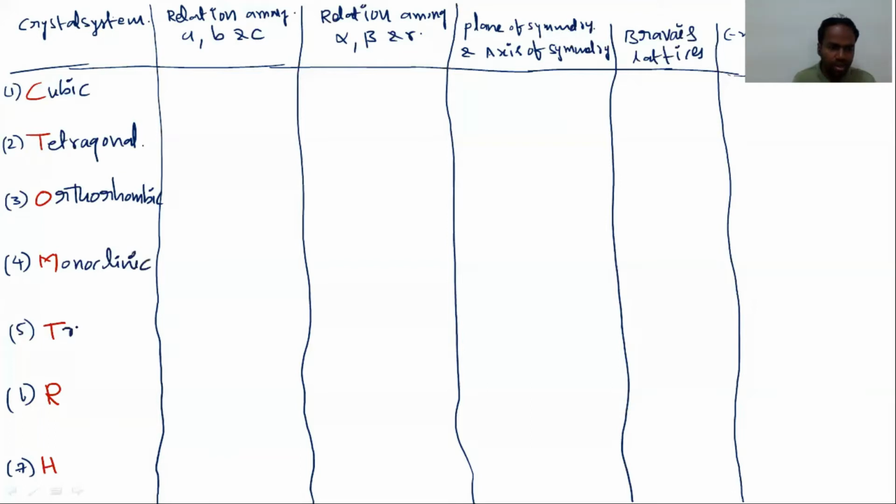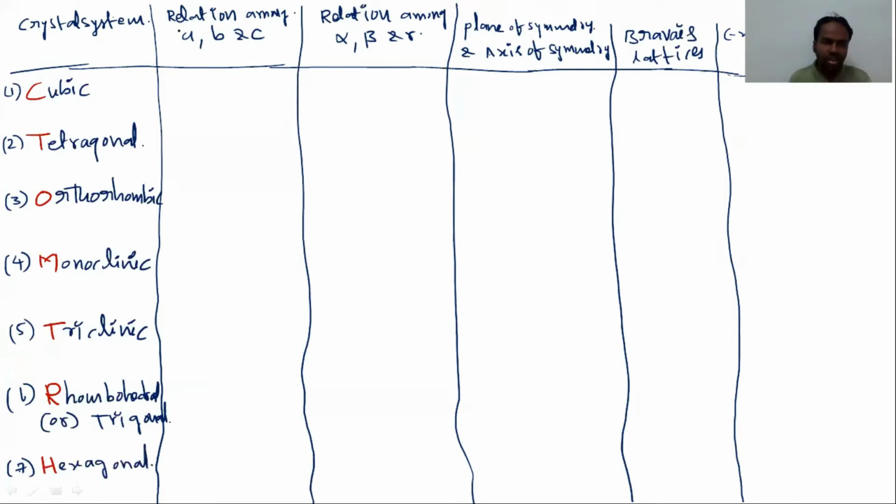T, triclinic. And R, capital R, rhombohedral, which is also known as the trigonal crystal system. So don't confuse tetragonal and trigonal. The last one is hexagonal.